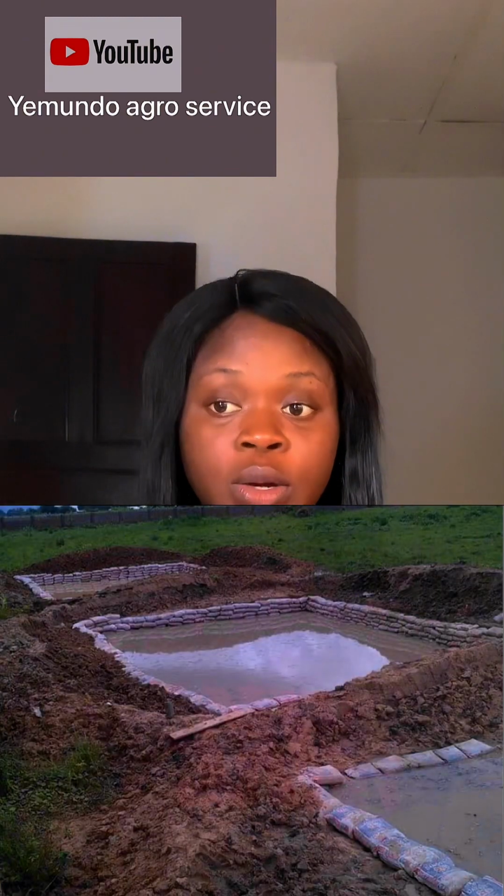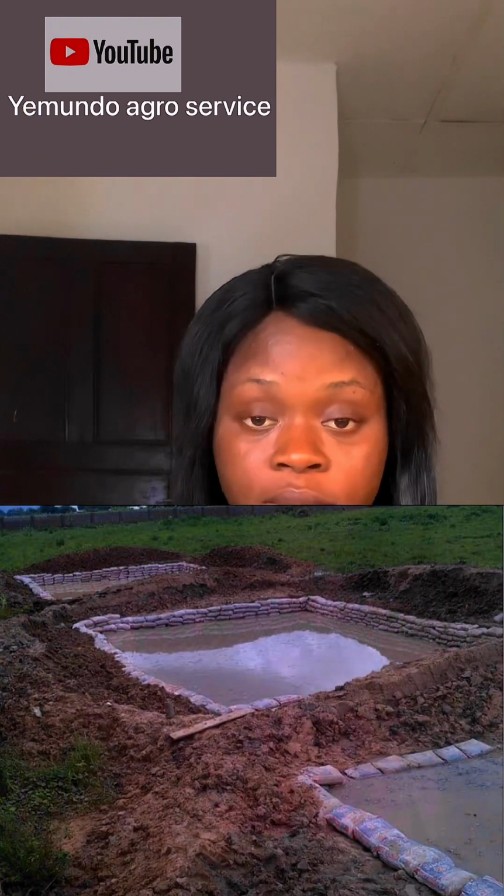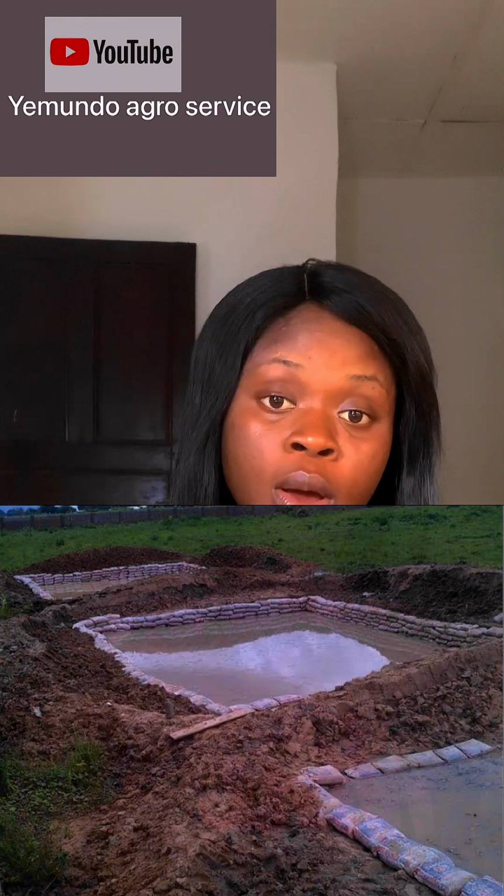So the earthen pond is whereby you dig a pit in the earth and the corners are lined with synthetic material to prevent erosion. The advantage of this is that it's cheap and affordable.